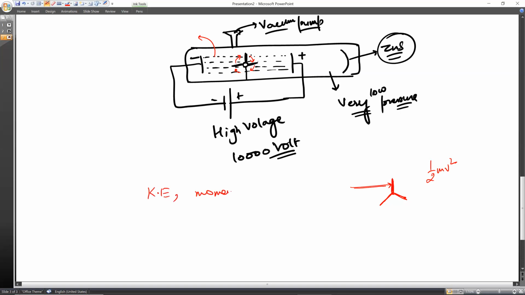And momentum. Why momentum? If there is a stationary car and another car hits it, or a football, and you hit it and it starts rolling on the grass, it is because you have transferred your momentum to it.